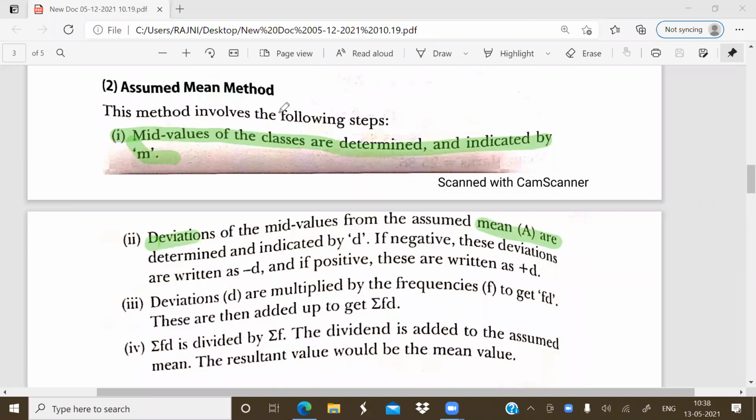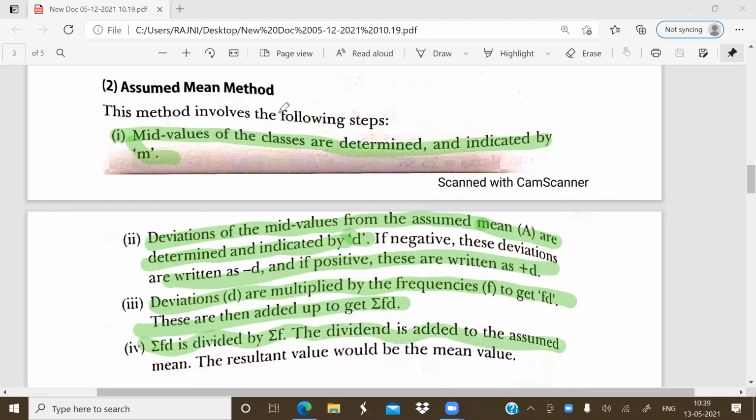After that, the deviations of the mid value from the assumed mean will be calculated. It means D will be calculated. Then D will be multiplied with F. Then it will be summed up, and then sum of FD will be divided by sum of F.